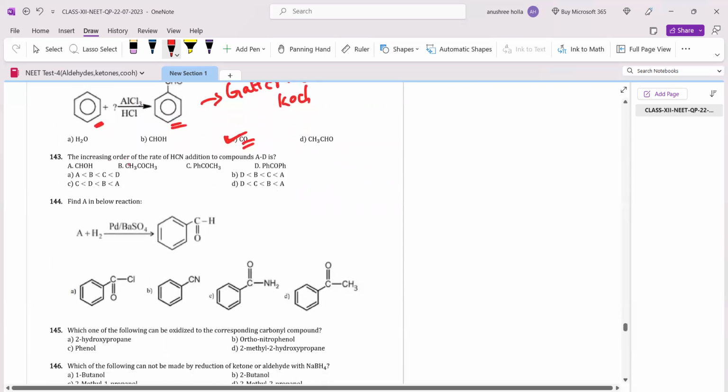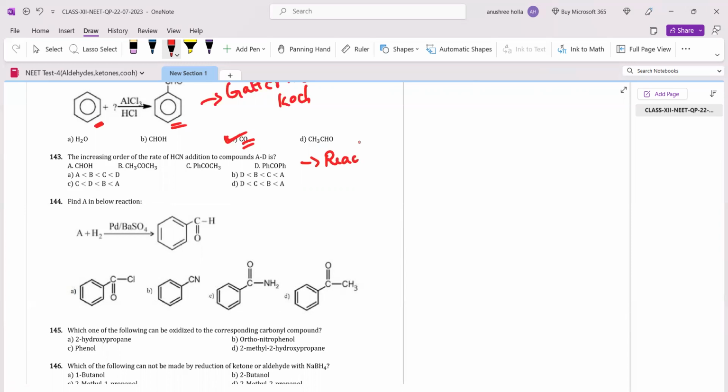The increasing order of the rate of HCN addition to the compounds A to D. So this has to do with reactivity. And whenever we speak about reactivity, we should consider electronic effect, that is inductive effect, and we should also consider steric effects, right? So due to these inductive and steric reasons, aldehydes are more reactive than ketones, right?